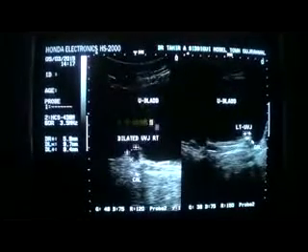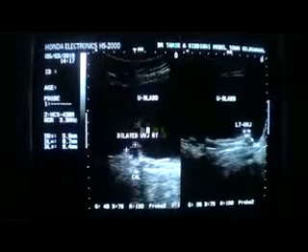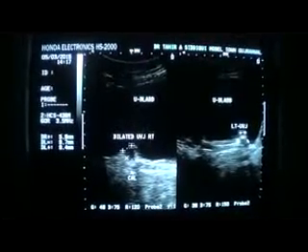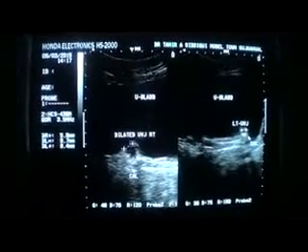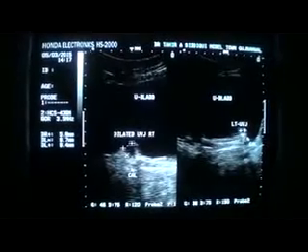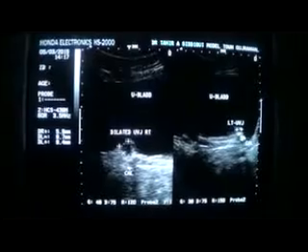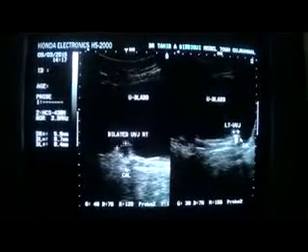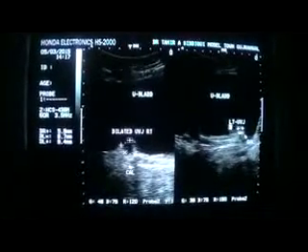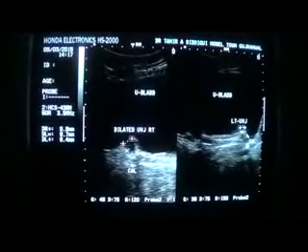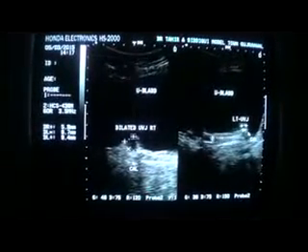This is also the urinary bladder in transverse section on the left side. And here you see that there is a calculus measuring approximately 5.9 millimeters, or 6 millimeters, in the left uretrovesical junction, and it gives posterior shadow.